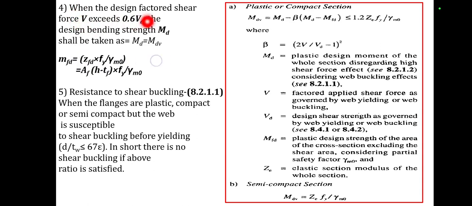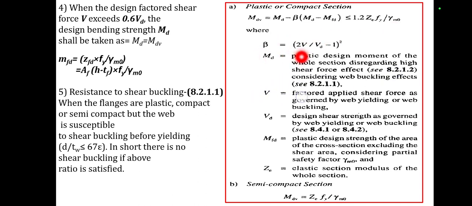Then when the design shear force, factored shear force V exceeds 0.6 Vd, the design bending moment Md shall be taken as Mdv, means it is a case of a high shear, and Mdv is equal to Md minus beta into bracket Md minus Mfd bracket, and it should be less than 1.2 Ze into Fy upon gamma m0.